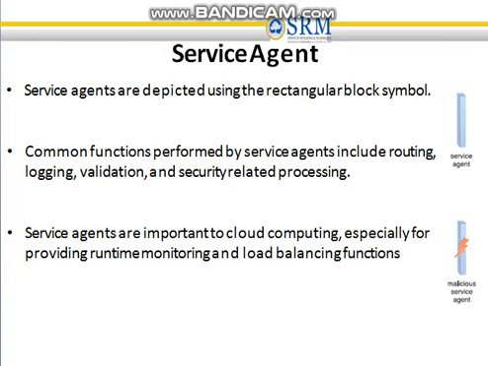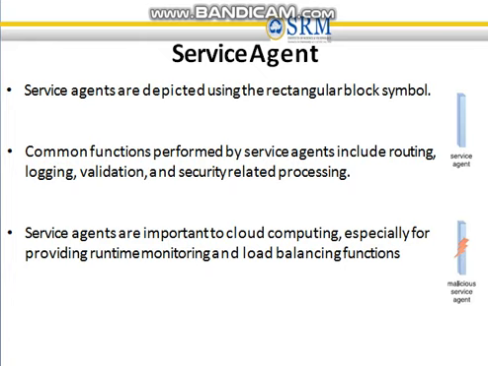Service agents are important to cloud computing, especially for providing runtime monitoring and load balancing functions. In a cloud IT environment, these service agents provide extensive support to monitor the devices during runtime, and they also help in load balancing. So this is about service agents.